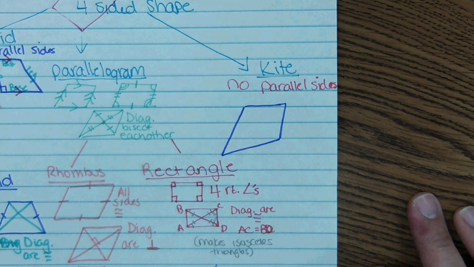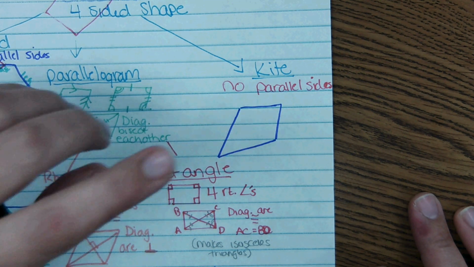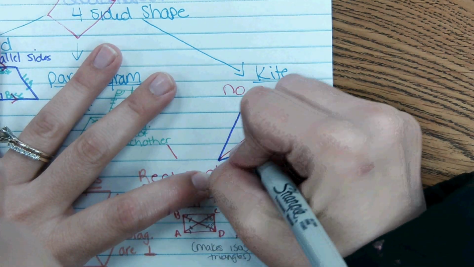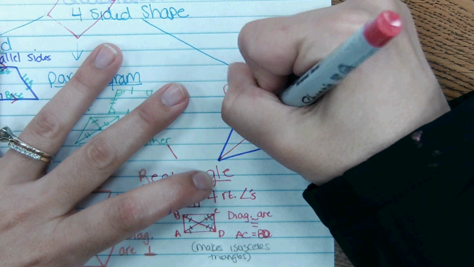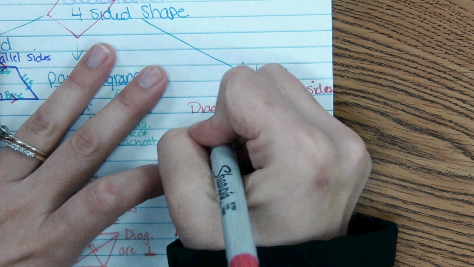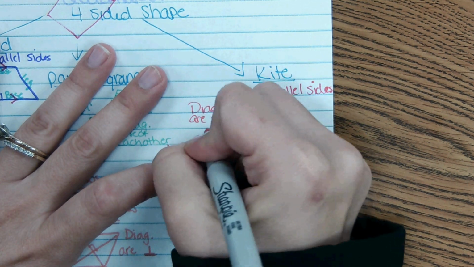The trapezoid had one set of parallel sides, the parallelogram has 2 sets, and the kite has no sets of parallel sides. And the other thing that is important is the diagonals here are perpendicular.